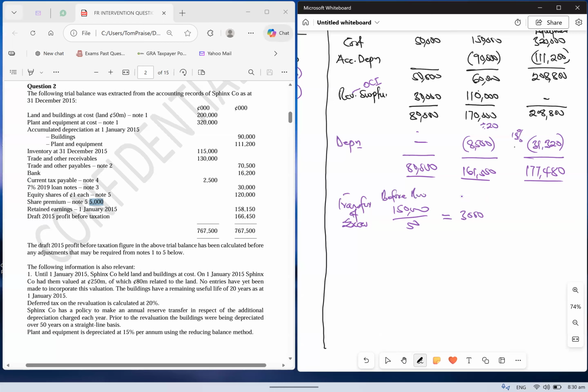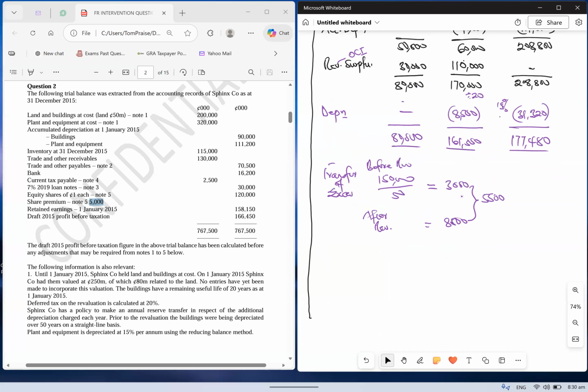Now, that is before the revaluation. After the revaluation, we have seen that the depreciation each year has gone to 8,500. This difference is what we call excess depreciation, and it's an excess depreciation of 5,500. So if a question tells you that they make transfers to the reserves, it means from the reserves, for any additional depreciation.